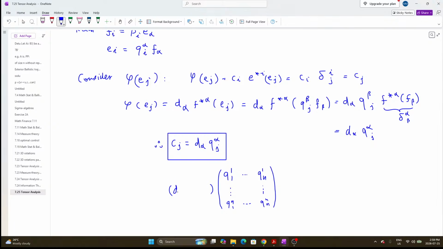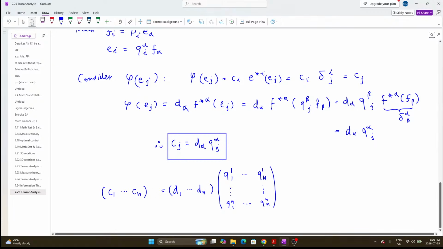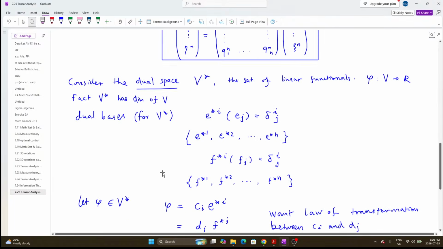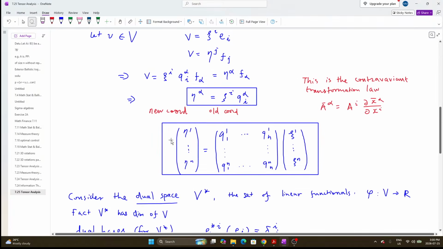So you need d1 through dn, which gives you another row vector c1 through cn. You can see why there is this distinction between row vectors and column vectors, because they represent different objects. Row vectors are coordinate representations of objects in V star, whereas column vectors are coordinate representations of objects in V.